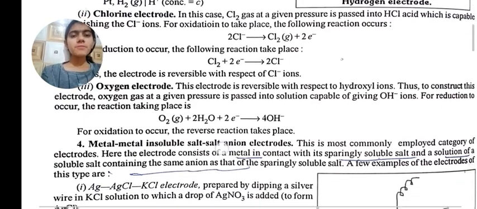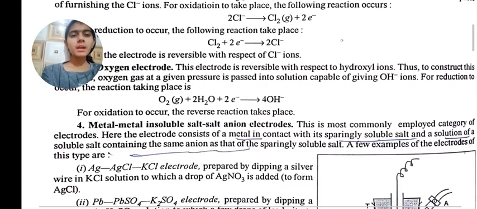Fourth type of electrodes is metal insoluble salt anion electrodes. This is the most commonly employed category of electrodes. Here the electrode consists of a metal in contact with its sparingly soluble salt and solution of soluble salt containing the same anion as that of the sparingly soluble salt.